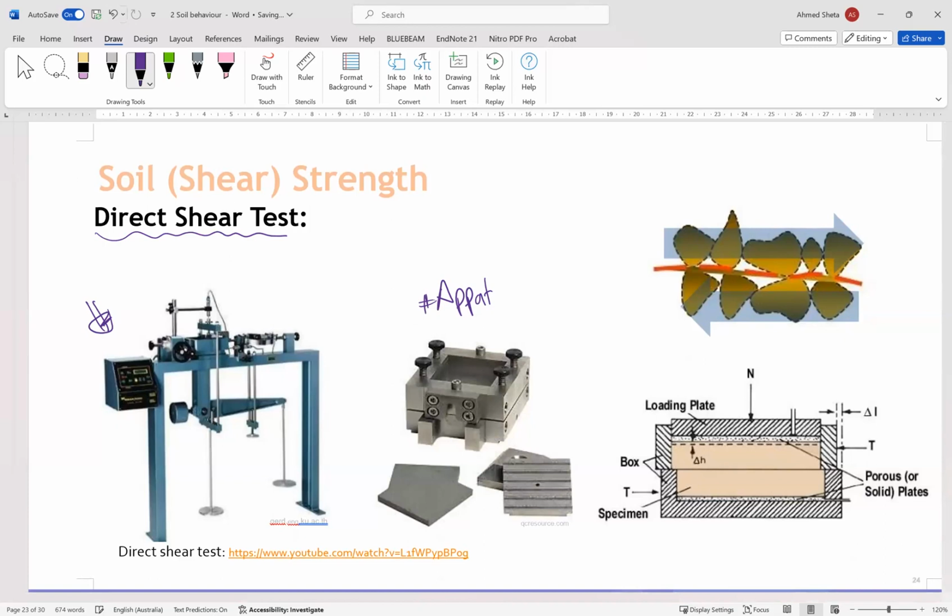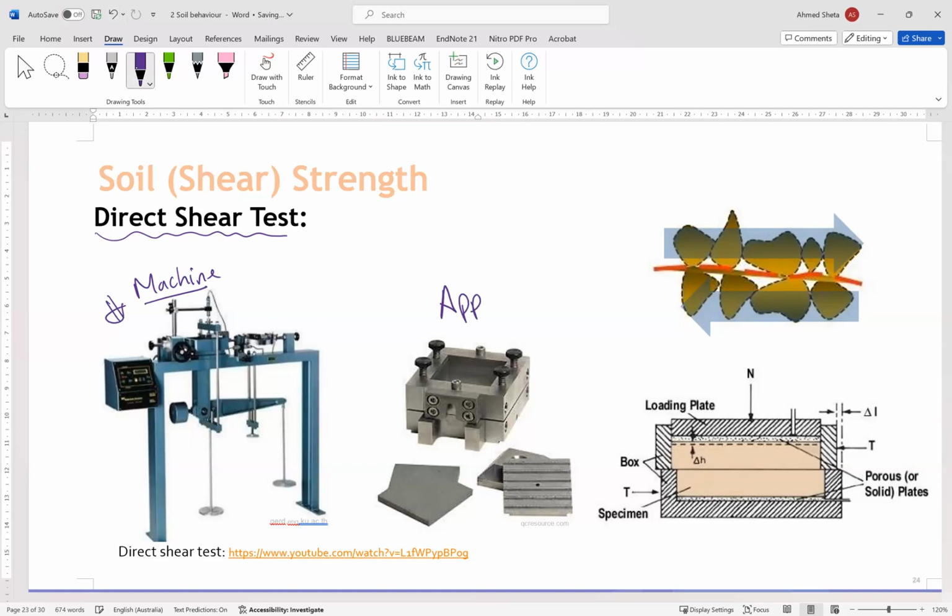Here is the apparatus used for calculating the shear strength.